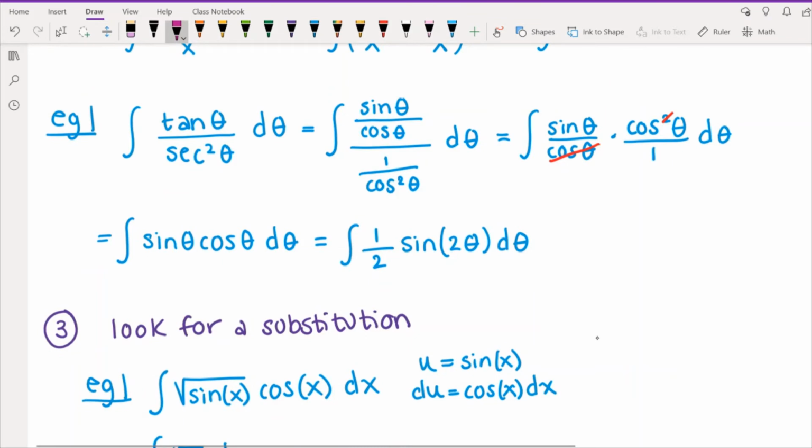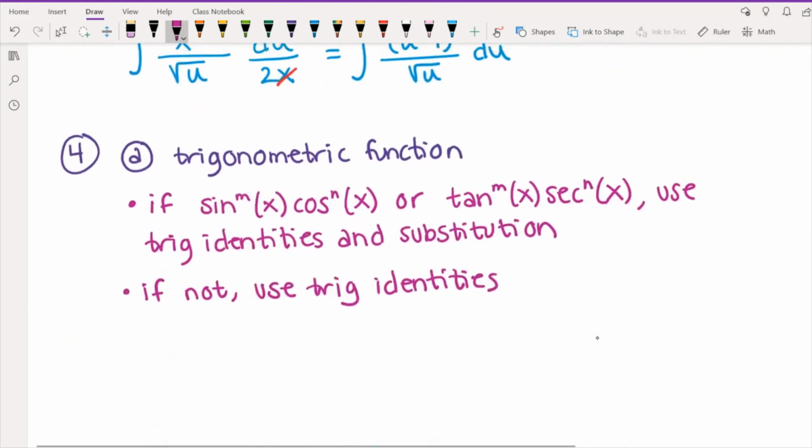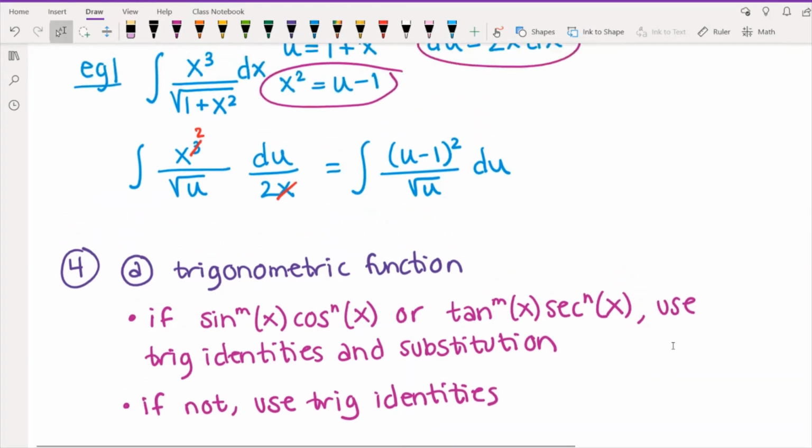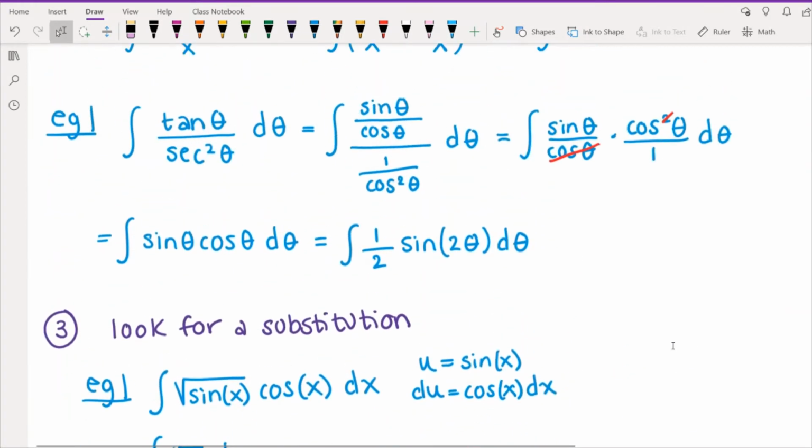It is technically of the form sine to the m times cosine to the n, but if you read through those rules, it doesn't fit. So an example of where you could use a trig identity might be sine of theta times cosine of theta, right? You could rewrite that as 1/2 times sine of 2 theta.